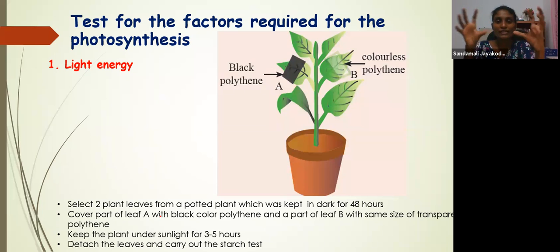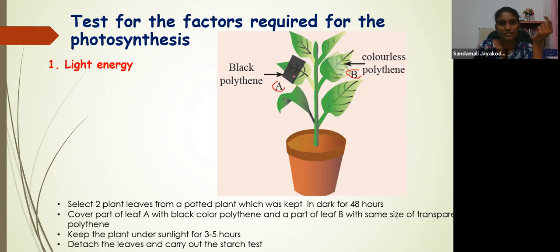We have to take that plant which was kept in dark for 48 hours, and we have to select 2 similar leaves. Here they have selected leaf A and B. Those are similar leaves. They have covered leaf A with a black strip of paper or black color strip of polythene.